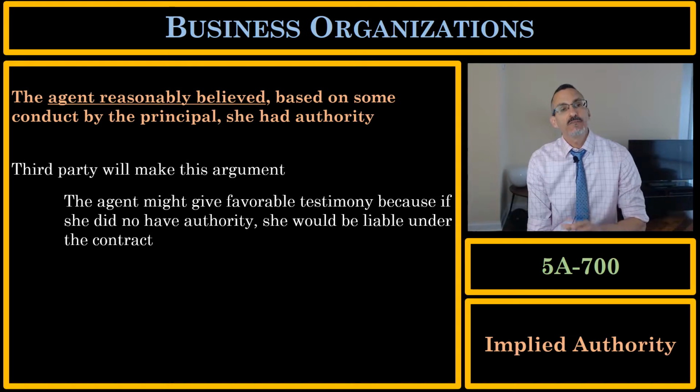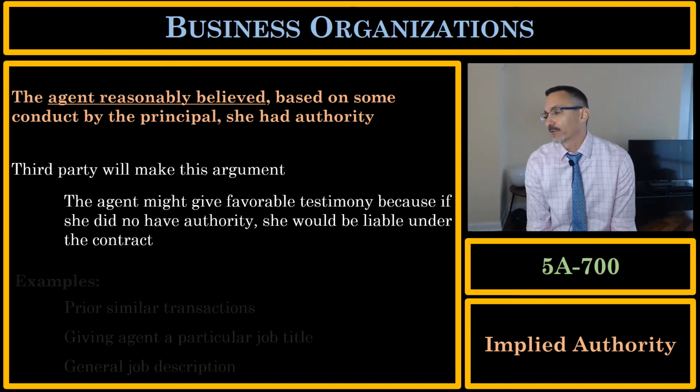So if the agent reasonably believes she had authority to bind the corporation in this transaction, the corporation will be legally bound to that transaction. And the third party will argue this to make sure that the corporation abides by its obligations under this contract.